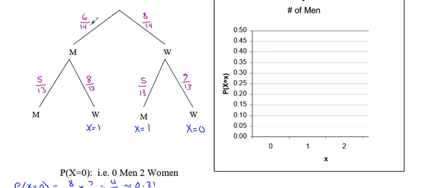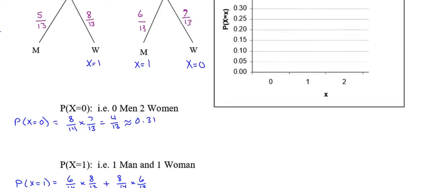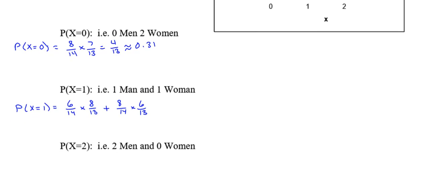So there's man, woman, or woman, man. Oops, just realized that should be a 6. Alright, so that works out to, in lowest terms, 48 over 91, and that is approximately equal to 0.53.